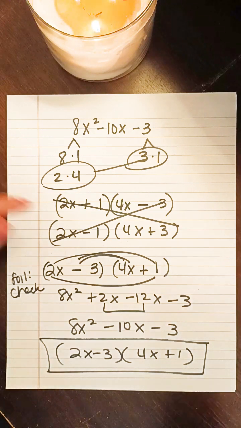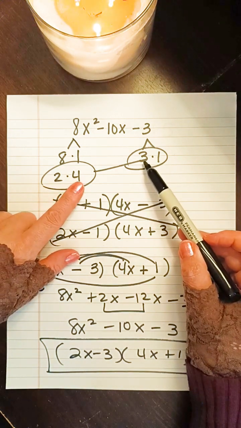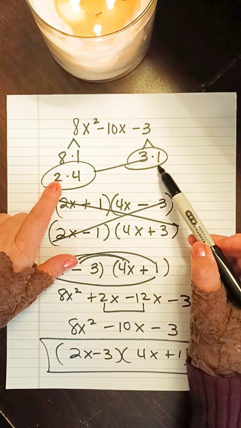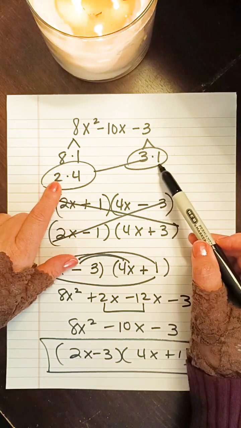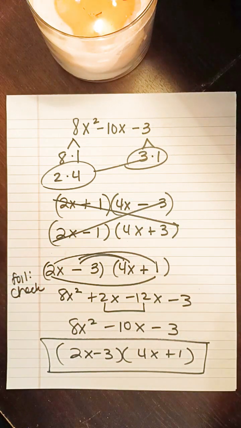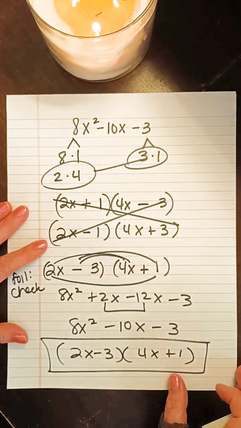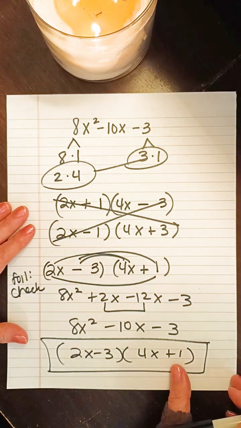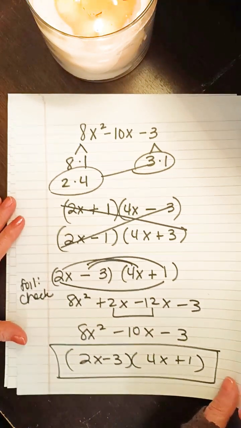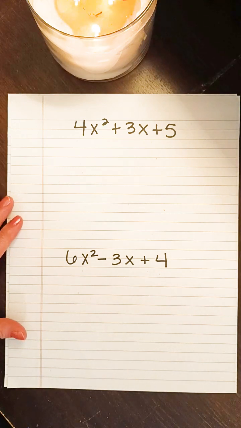So I have to try it the other way. Now these two terms get multiplied together, these two terms get multiplied together, and I add or subtract them to get the B term. And when I placed them, it worked out. So yes, there is a part where you have to play with the numbers, but that's the fun part, is playing with the numbers. Let's do another.